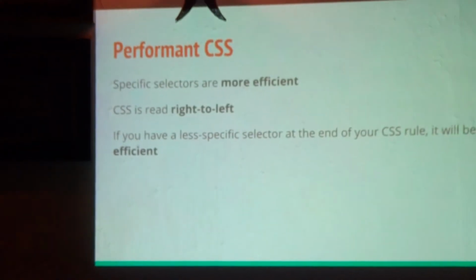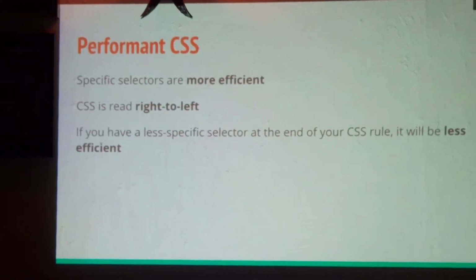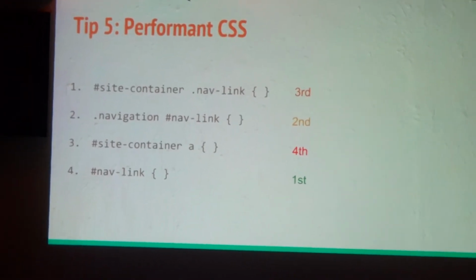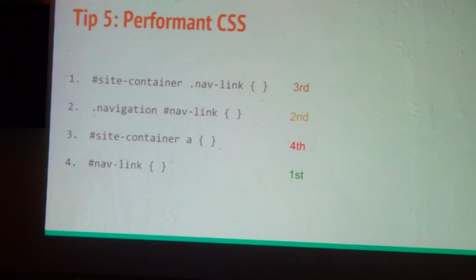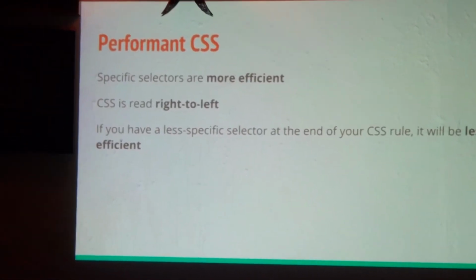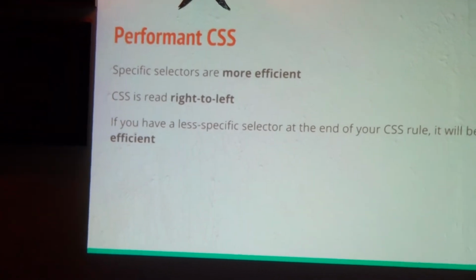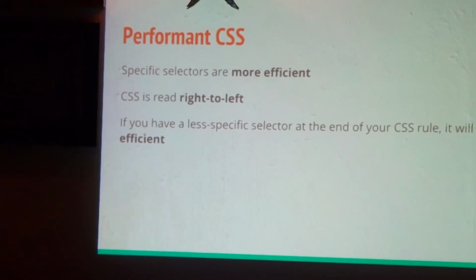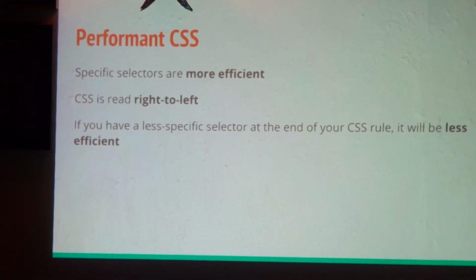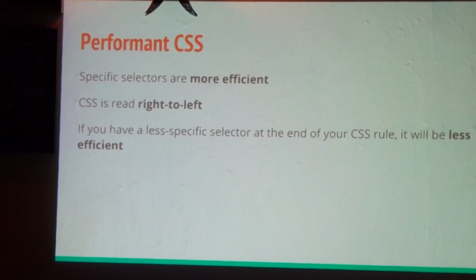Thank you very much. So yeah, it turns out that the most specific selectors are more efficient. So obviously number 4 here is the most specific. So that's the most efficient. But the second rule, and this is probably the most confusing one, is that CSS reads from right to left. So if you have a less specific selector at the end of your CSS rule, then your CSS will be less efficient.